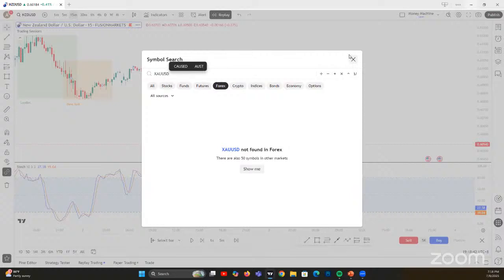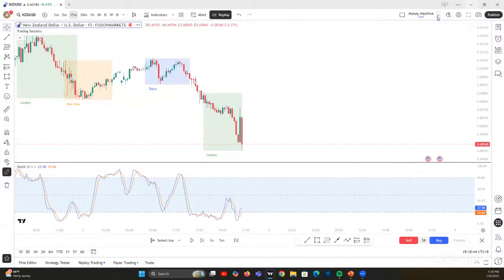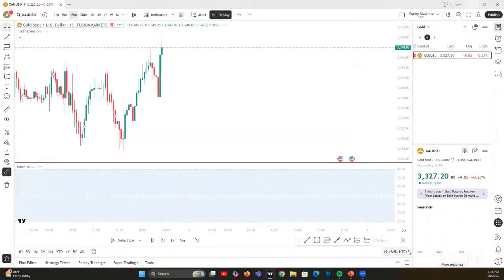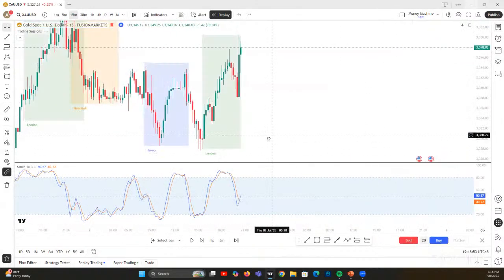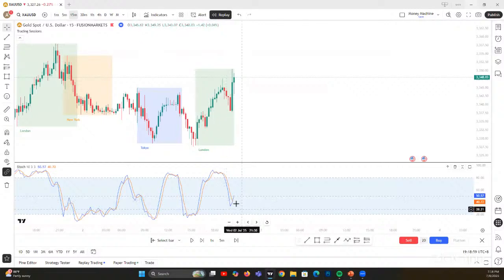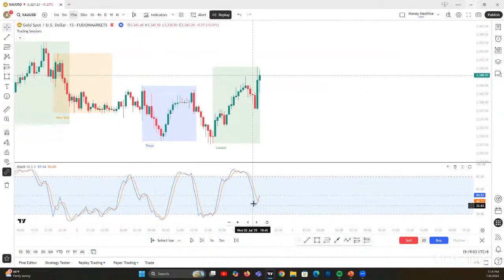XAUUSD, not quite there, but you see, when you see the crossover of the stochastic, now it wants to go up.